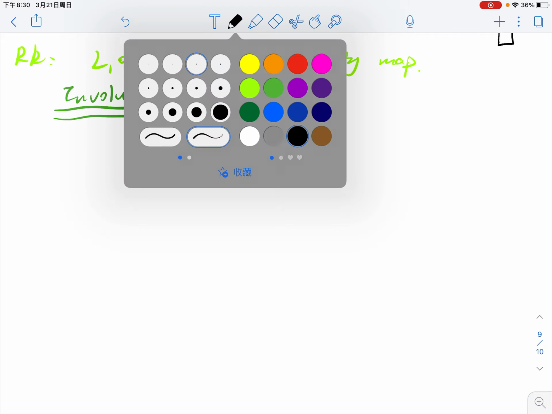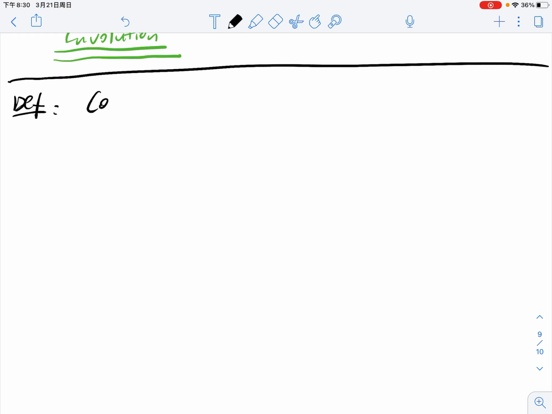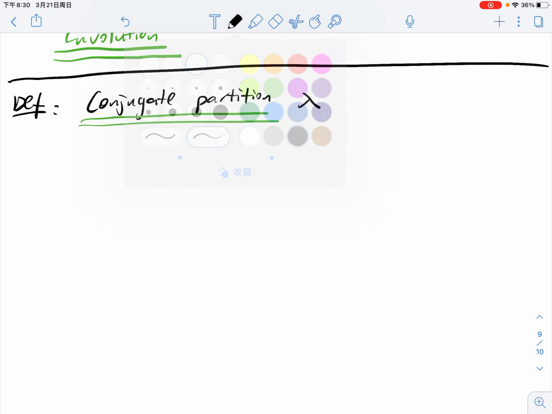And next, I'm going to define another very important involution among the partitions, that is called conjugate partitions.